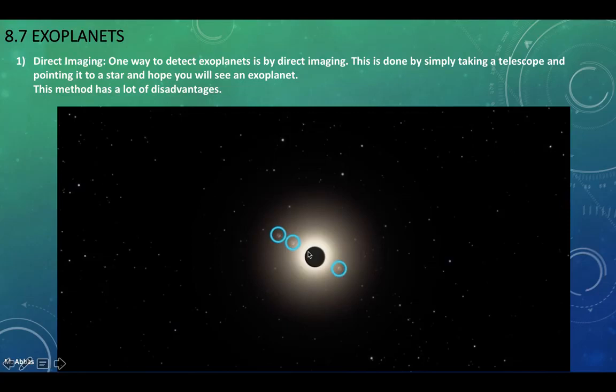Now, this method has been used to find exoplanets, but it's not very efficient because the planets are so small compared to the size of their stars, and they are really far away. So taking an image, a photograph with the camera to find those exoplanets is very hard. It's like you are taking a picture of a building which is really far away and you're trying to find a very small ant on the wall.